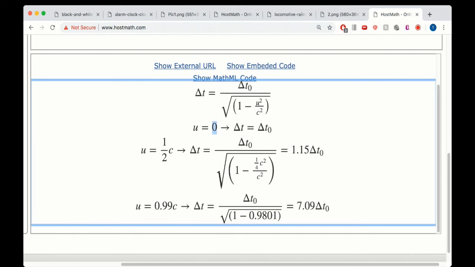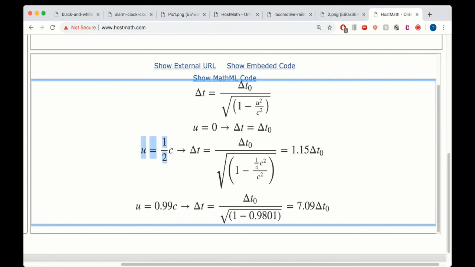If u equals 0, this u squared becomes 0, and we get that delta t equals delta t0. And we notice no special effects from special relativity. Typically, we'll only notice effects when the speed becomes a significant fraction of the speed of light.